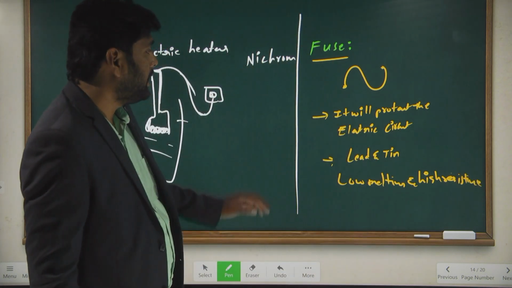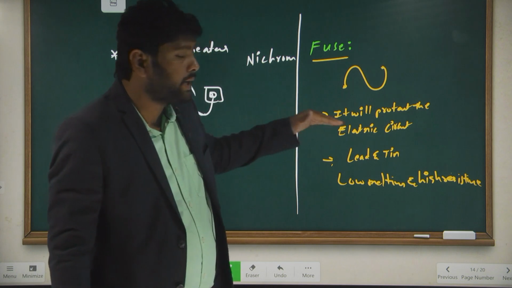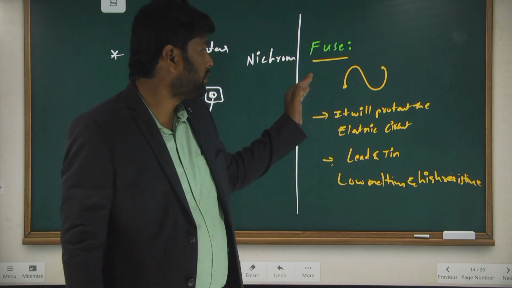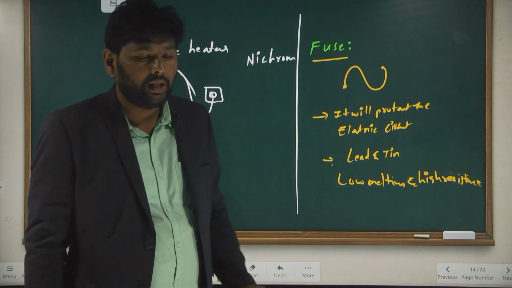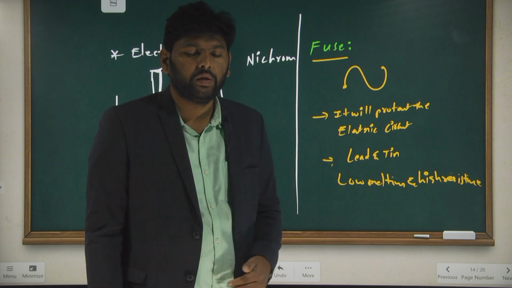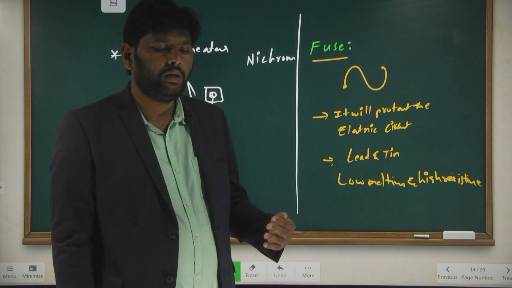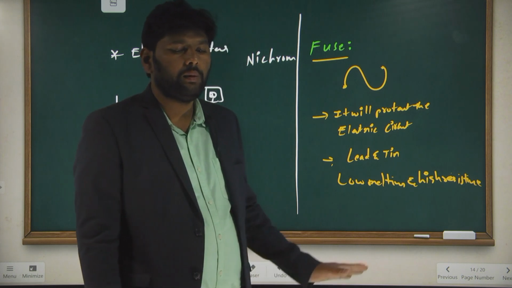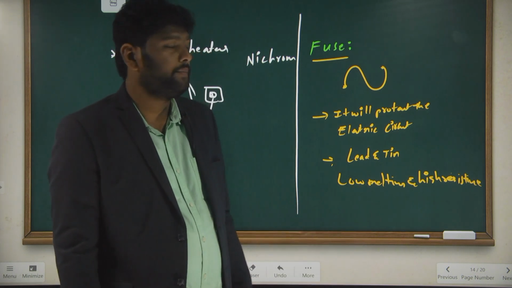But how does it work? When more current flows through this fuse, it instantly melts. When it melts, the circuit breaks, so the appliance stays safe.